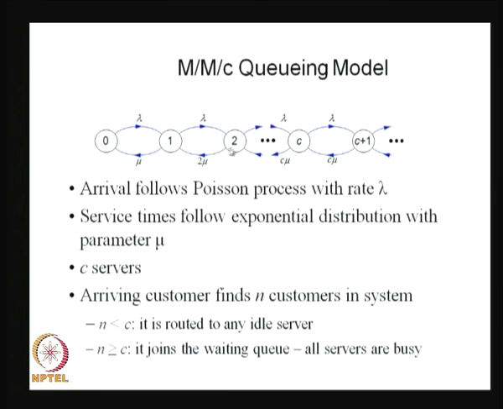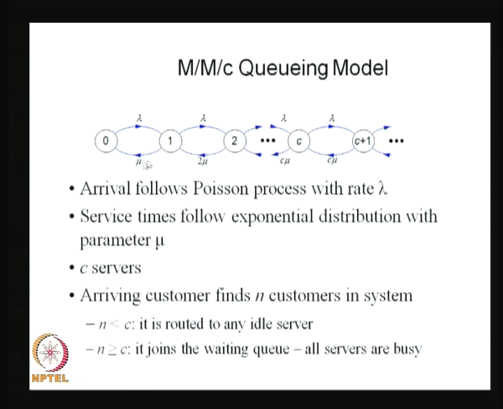Whenever the system size is 1, 2 and so on till C, since we have C servers in the system, whoever enters the system starts getting service immediately. Suppose the system goes from state 1 to 0: the customer entered the system and got service immediately, and the service time is exponentially distributed with the parameter mu.